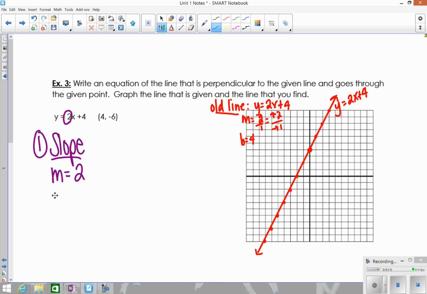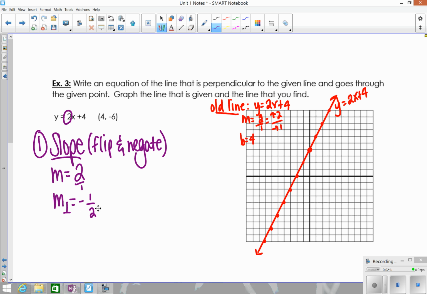If I'm trying to make it perpendicular, remember that means you need to flip and negate. Remember 2 is like saying 2 over 1. If you flip it, it becomes 1 over 2. You negate a positive, it's going to become a negative. If it were a negative, when you negate it, it would become a positive. So it's always just going to be switch the sign.